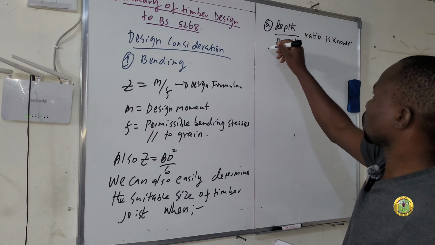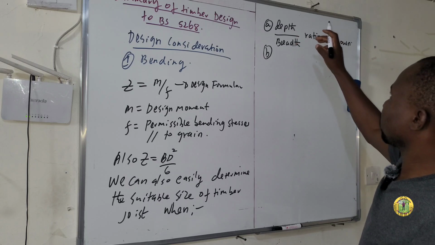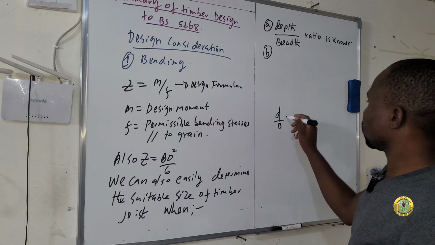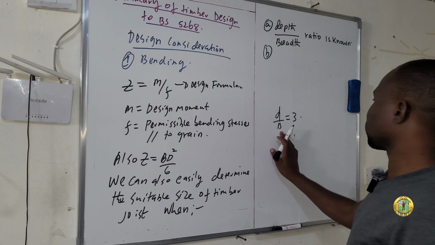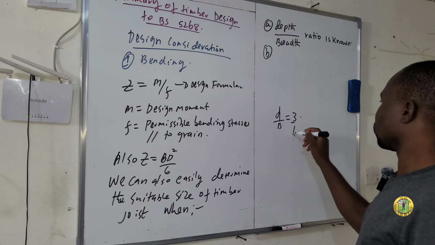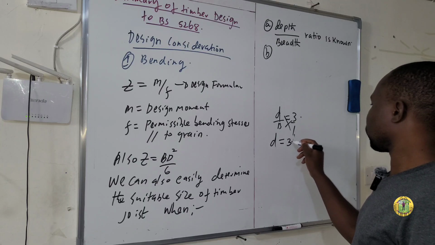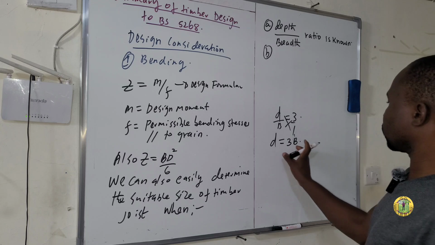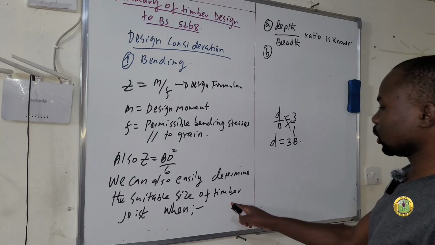For the first case, if you are given the depth to breadth ratio, for example, D over B is equal to 3, then it means you can make B the subject of the formula, or D. So for example, let's make D the subject of the formula. We will cross multiply. So D is equal to 3B. So this 3B can help you to obtain the suitable size of timber joist.